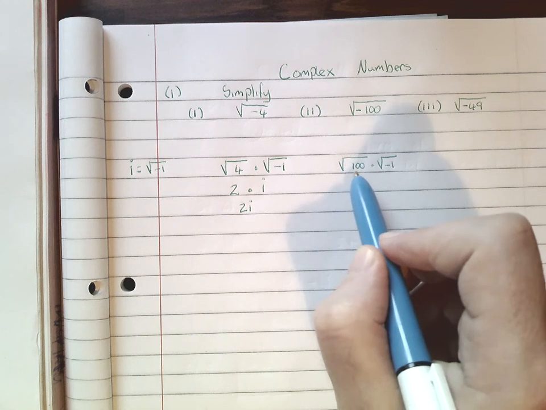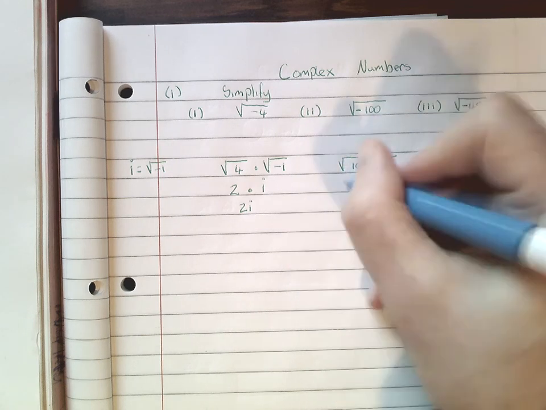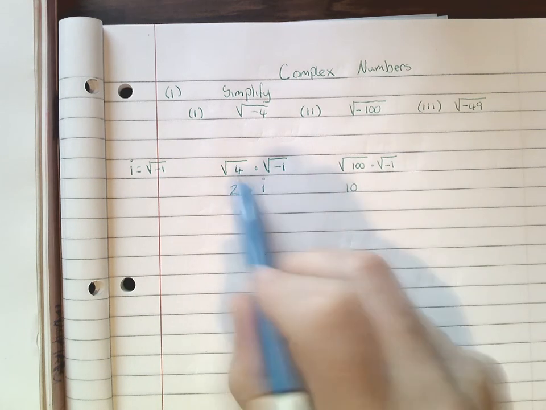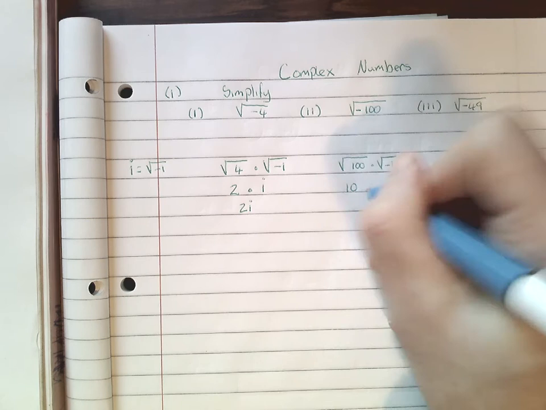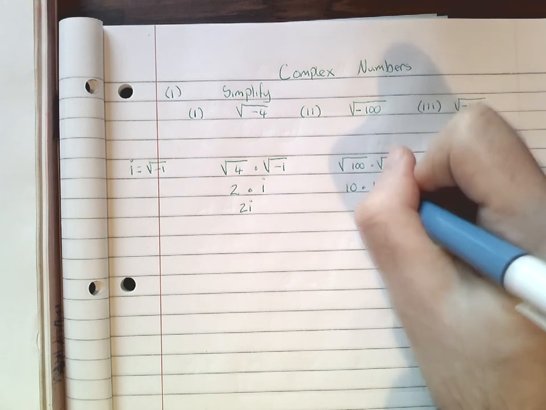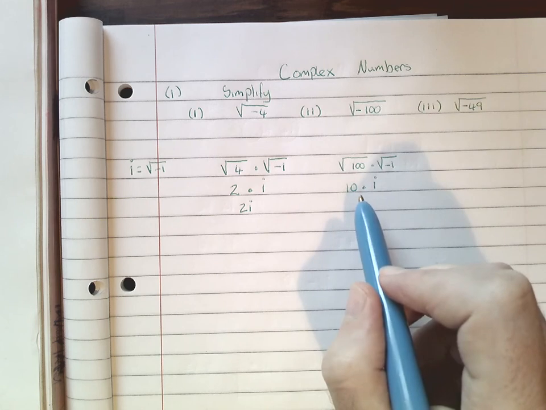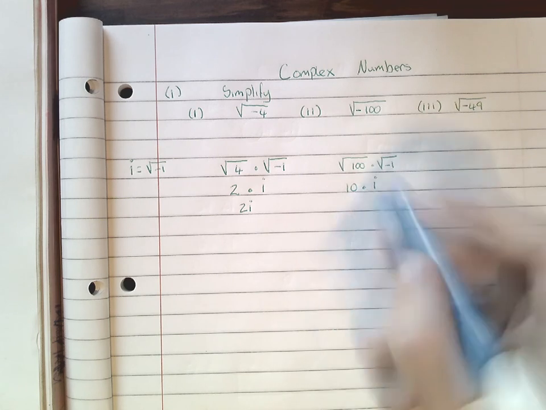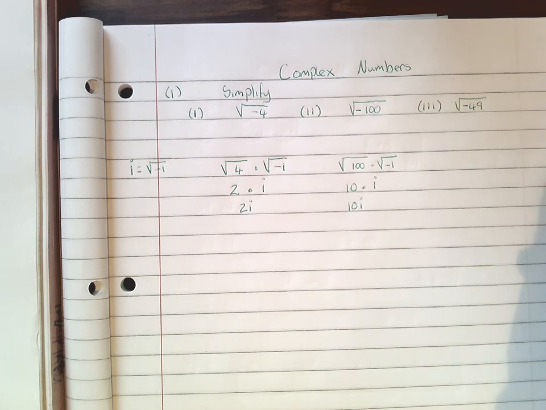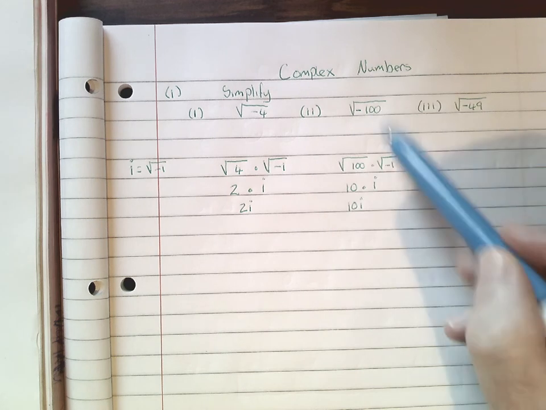The square root of 100 is just 10, and this here will just simplify to I. So it's going to be 10, and this dot means multiplied by I. And then 10 by I is just equal to 10i, like so. Okay, so that's that first one.